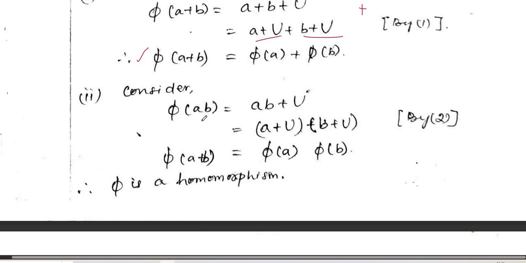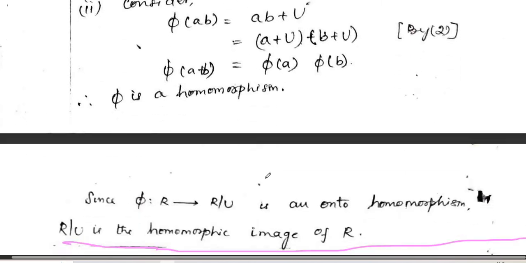And as far as multiplication is concerned, by the definition of the mapping phi, it is AB plus U. By the definition of multiplication in R mod U, you have this rewritten in this way, but this is nothing but the image of A under phi times the image of B under phi. So phi is a homomorphism.